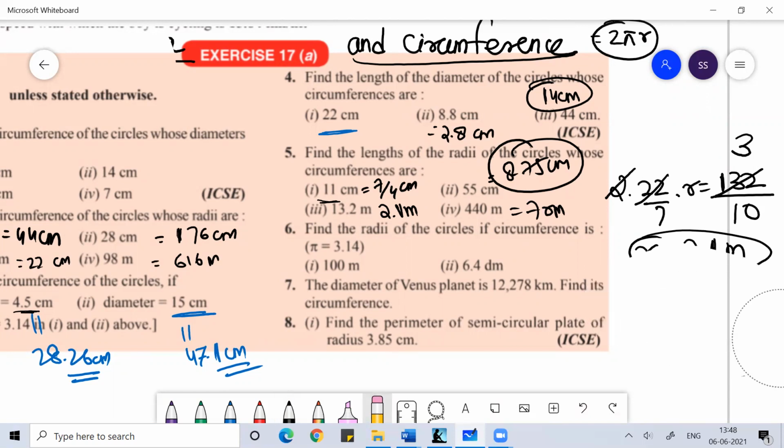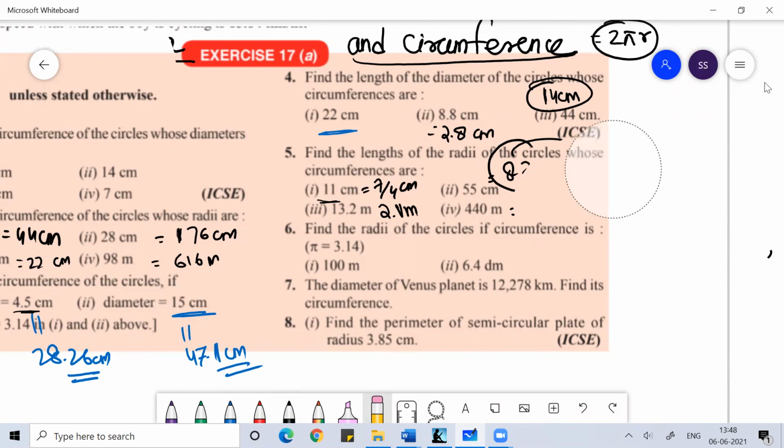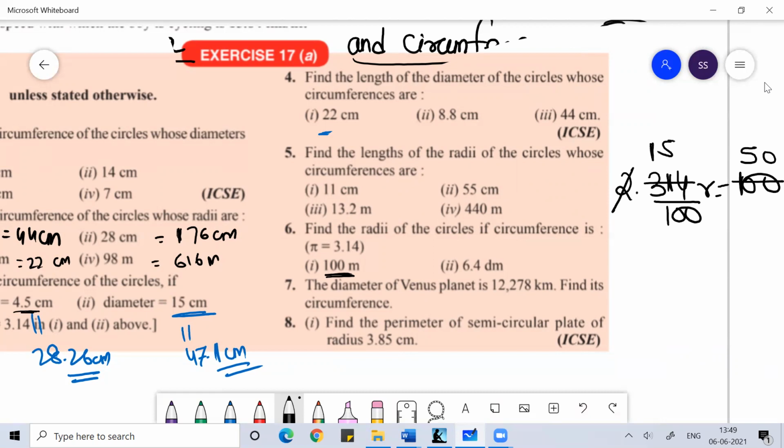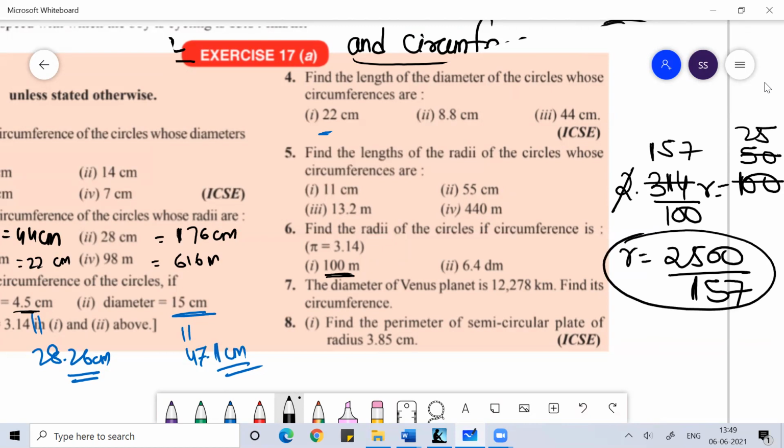Sixth one. Decimal you will get some. Yes, sir.